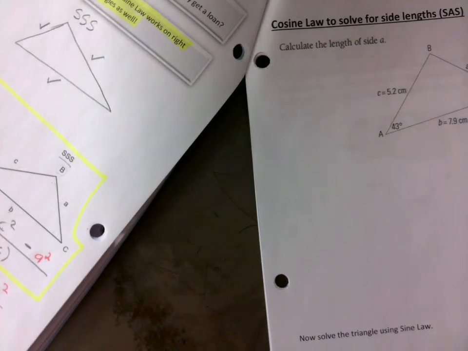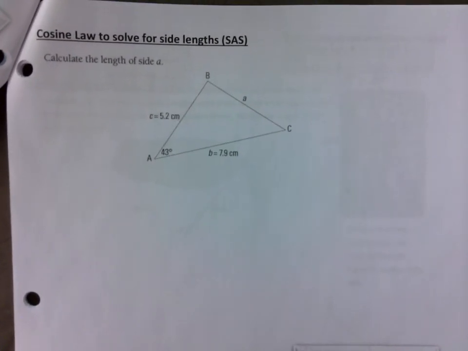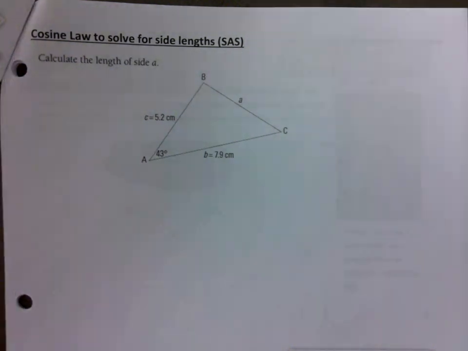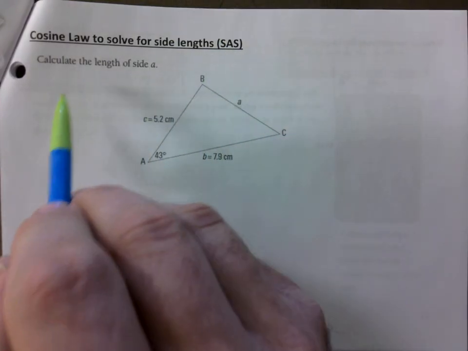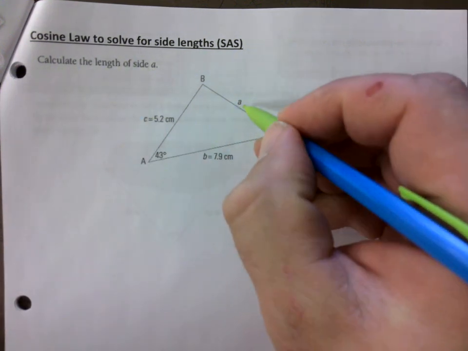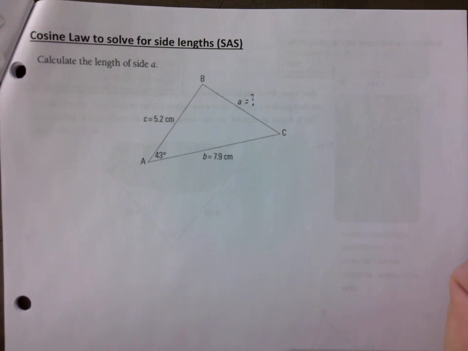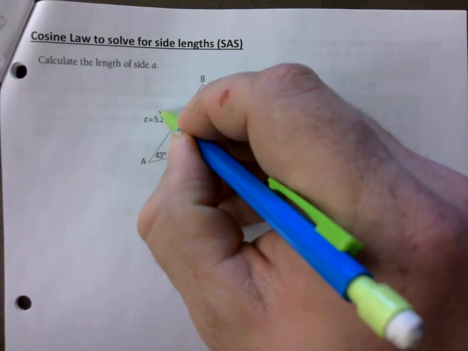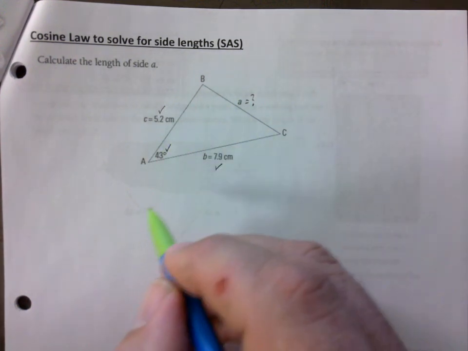Let's go to page 16 here. Cosine law to solve for side lengths. It's an SAS, okay? The question says, calculate the length of side A. So this is our question mark here. Okay, page 16. So we know this side, we know that side, and we know this angle.